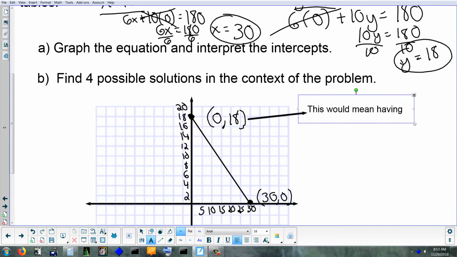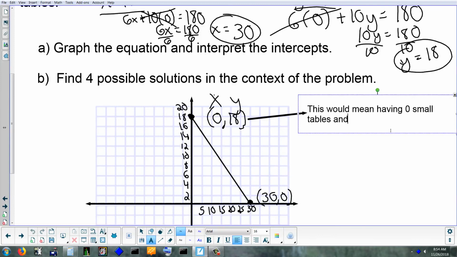Well, each one is separate. So 0, 18 would mean having... So the mistake is, guys, because the x is small tables, right? So for this, how many small tables did you have? 0, right? Because this is your x. Sorry, mistake. X, Y, right?